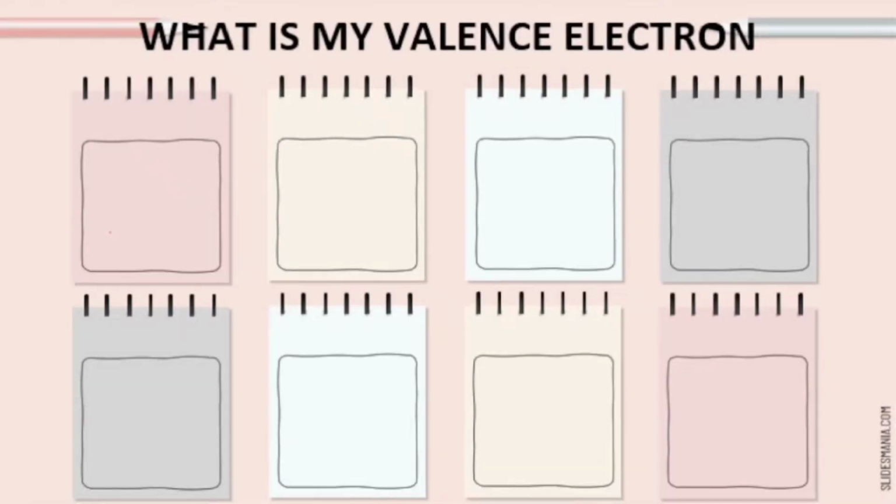Let's have an activity. Can you guess the valence electron of each element? Let's begin. Neon. 8. Very good. What about the valence electron of oxygen? 6. The xenon. 8.